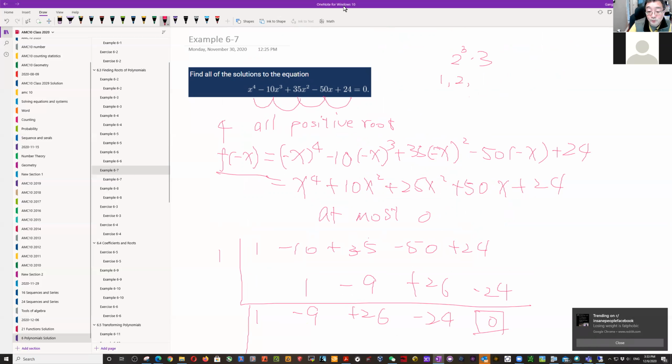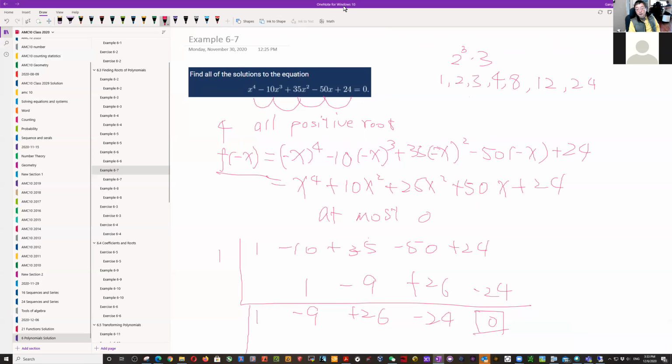The leading number is 1, so all over 1. I wouldn't use all over 1 because it's redundant. So basically, 1, 2, 3, and 4, and 8, and 12, and 24. These are all the possible solutions.